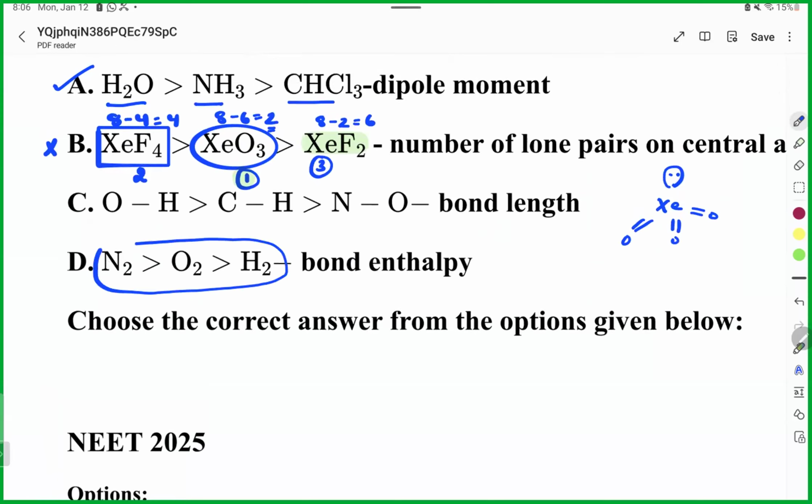Nitrogen, oxygen, and this. So nitrogen means nitrogen, nitrogen, triple bond. Oxygen means oxygen, oxygen, double bond. Hydrogen means hydrogen, hydrogen, single bond. Is this the correct order? Yes, sir.